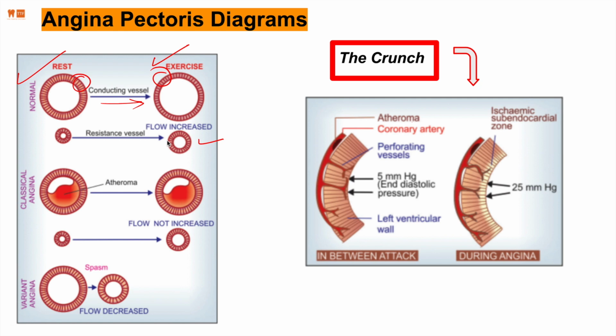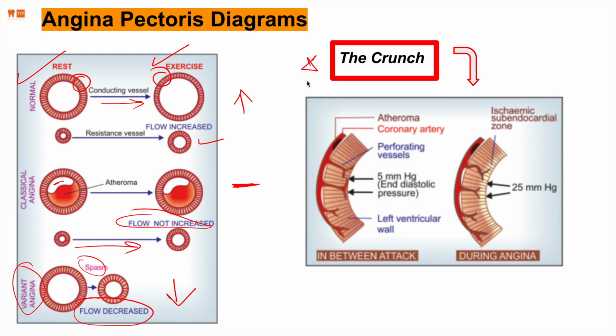Whereas in classical angina, this is the clot that reduces the blood flow, and the flow is not increased during resistance exercises. And then variant is when there's a spasm where the flow is actually decreasing. So normally it increases. In classical angina, flow does not increase. And then in variant angina, flow is decreased.